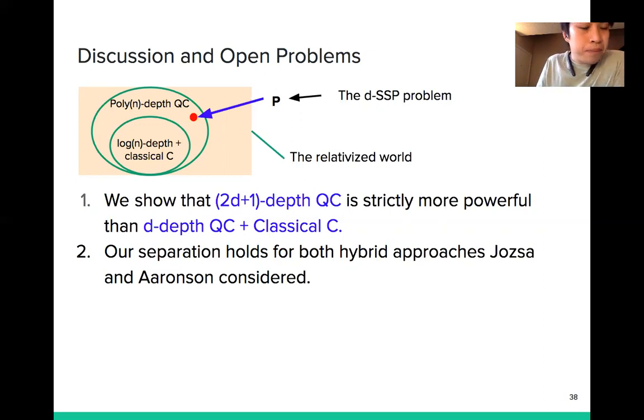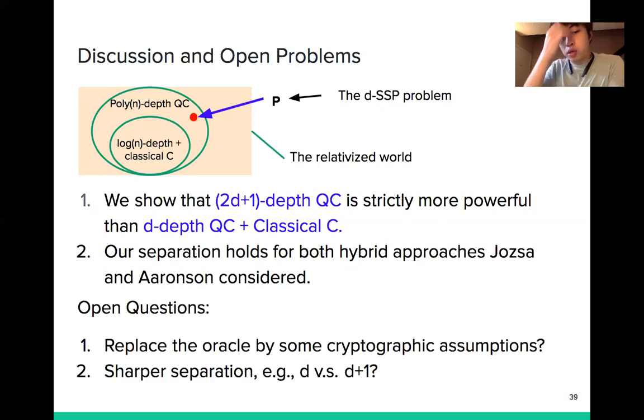So yeah, there are some open questions I want to mention. First, and I think this is the most important open question, can we replace the oracle by some cryptographic assumptions? Proving it relative to an oracle is the first step to prove separation.